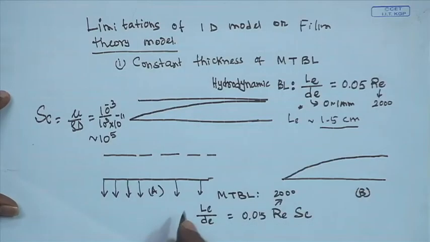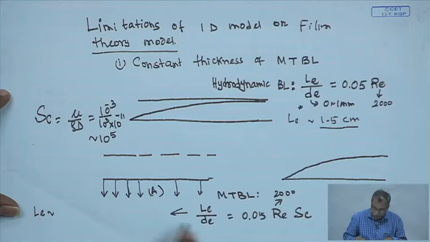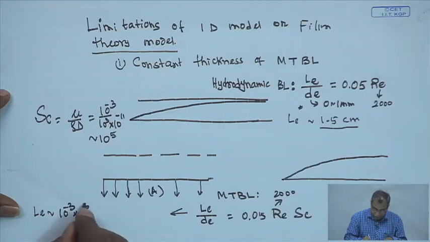So, in case of membrane separation, we are talking about solutes having a very high Schmidt number. If you calculate the entrance length, D equivalent will be 1 millimeter, means 10 to the power minus 3, Schmidt number will be 10 to the power 5 or 10 to the power 6, into Reynolds number, which is 10 to the power 3.